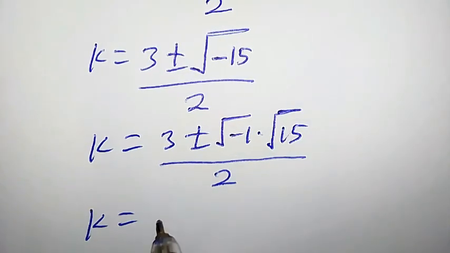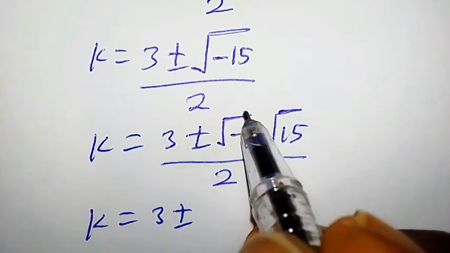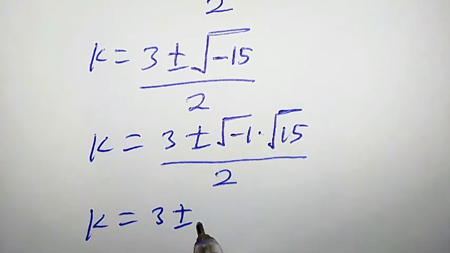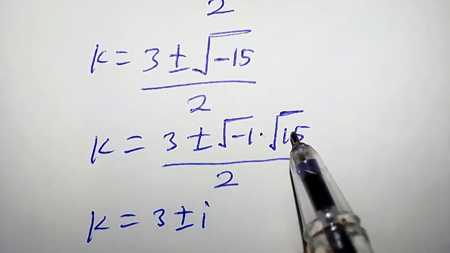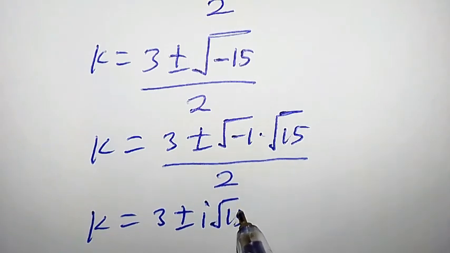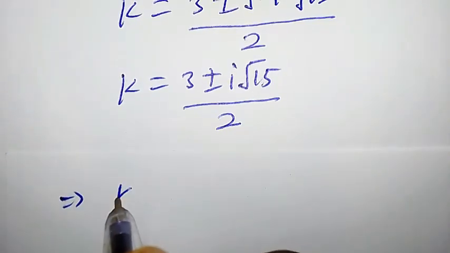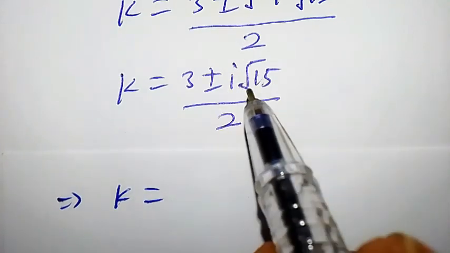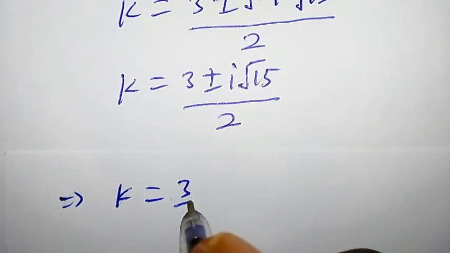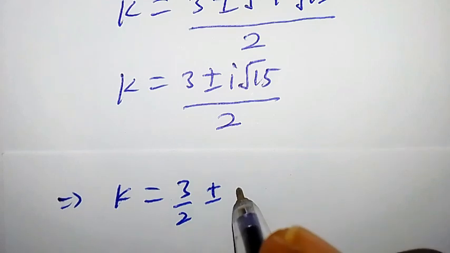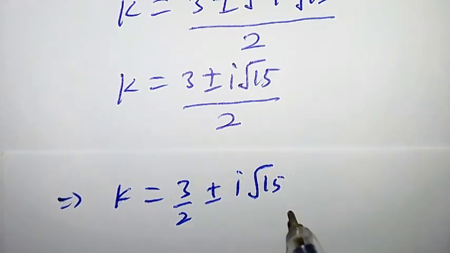K is equal to 3 plus or minus, what is square root of negative 1? That is i from the complex number, times square root of 15 over 2. This implies that k is equal to 3 over 2 plus or minus i times square root of 15 over 2.